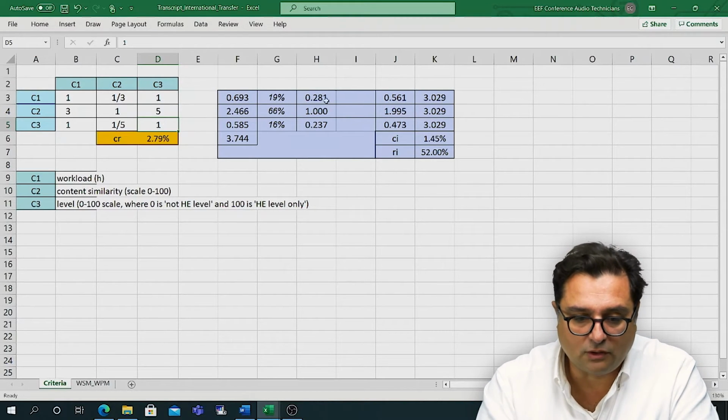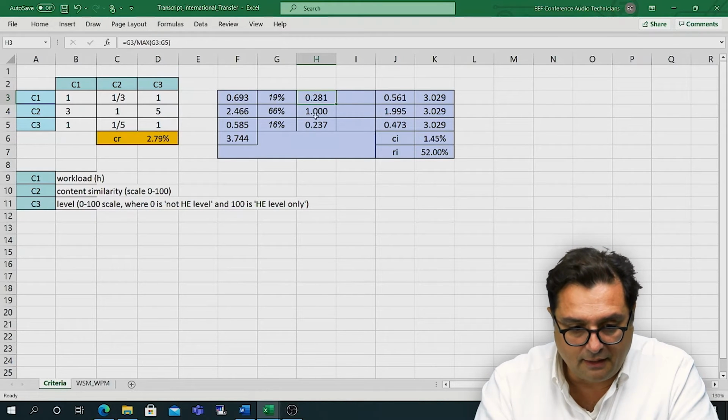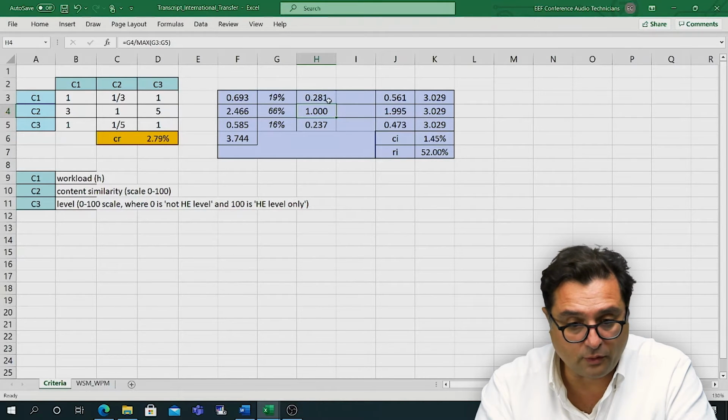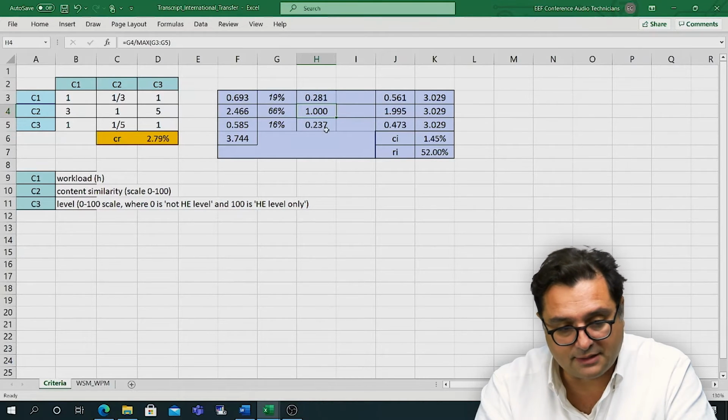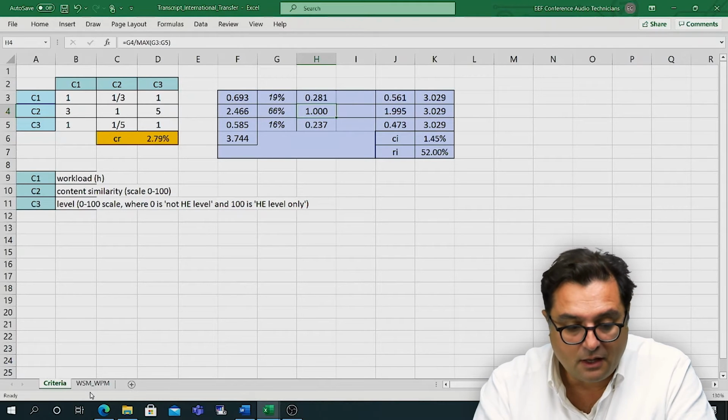At the end, what we get is that the most significant criterion is criterion 2, because we have 1 here, and the other 2 criteria, which have relative weights of 0.281 and 0.237, are C1 and C3 respectively.